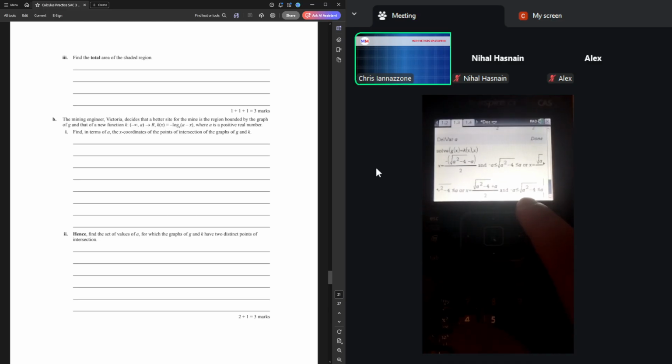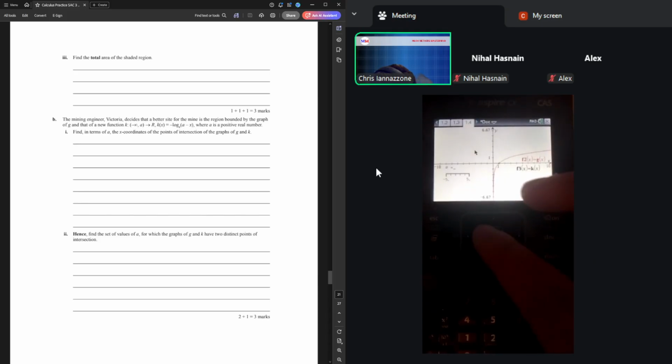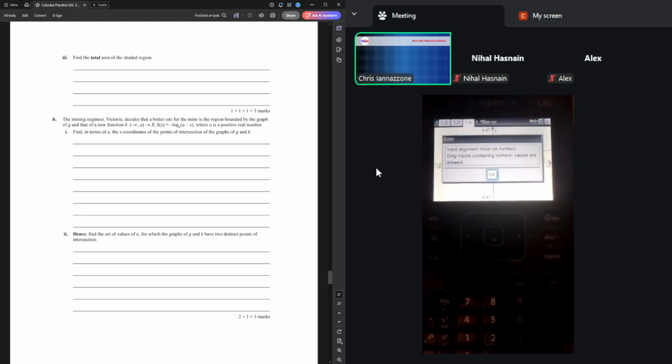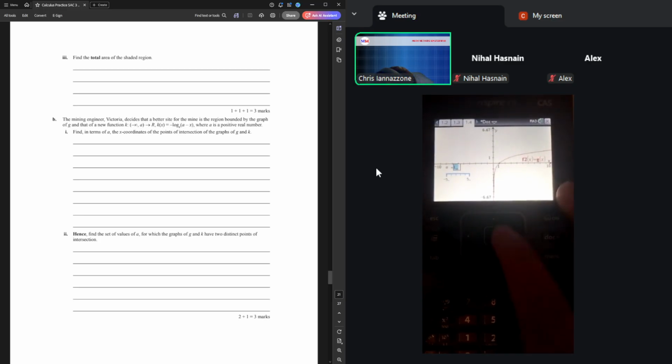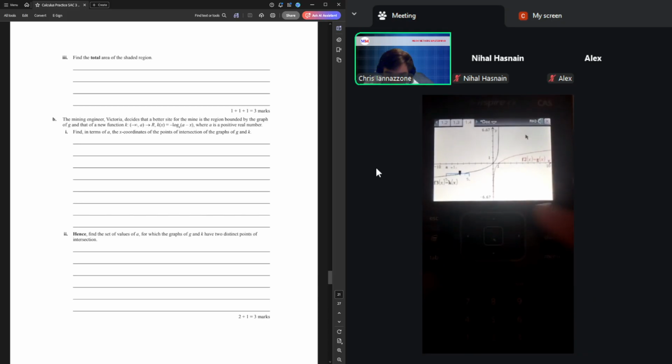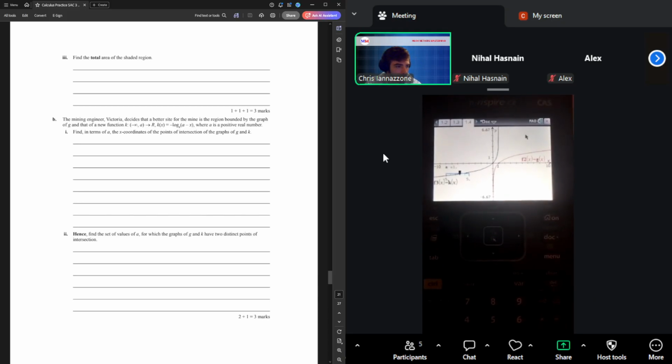The reason that's there is because if we remember from our graph, certain values of a would cause this not to have any solutions at all.